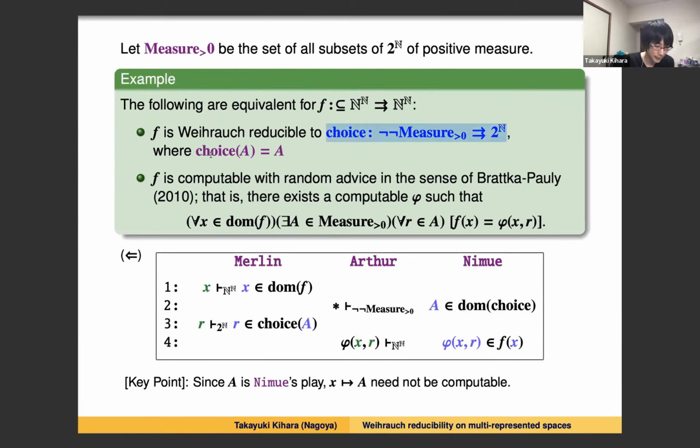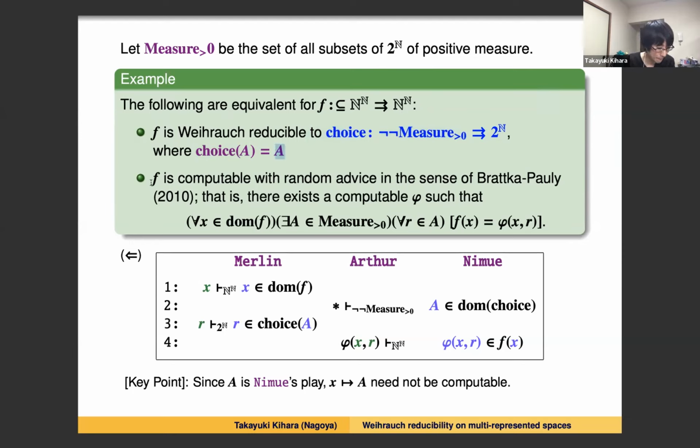Choice is a function that chooses an element of a given positive measure set. It is a multi-valued function, and the input is a set of positive measure, but we don't have a name. Any name is trivial information, and then choice needs to return a point in this set A.